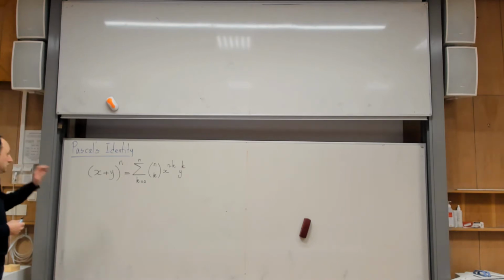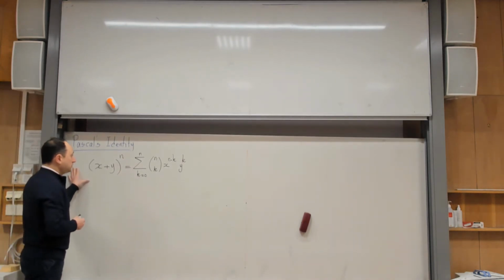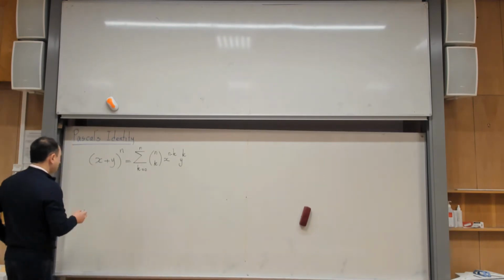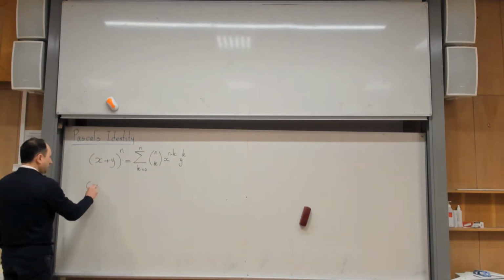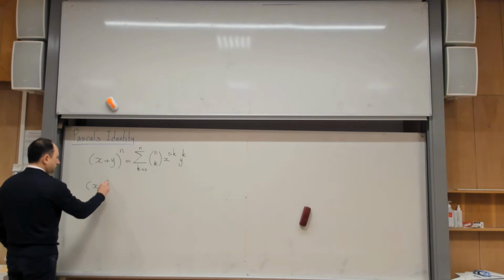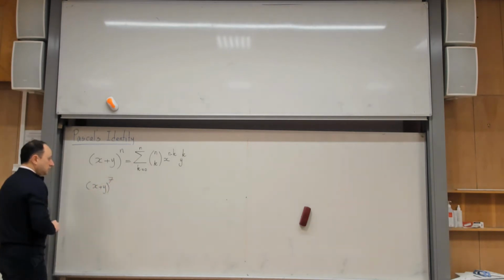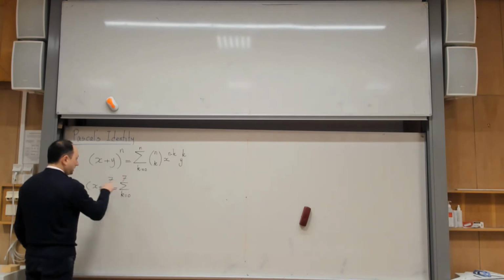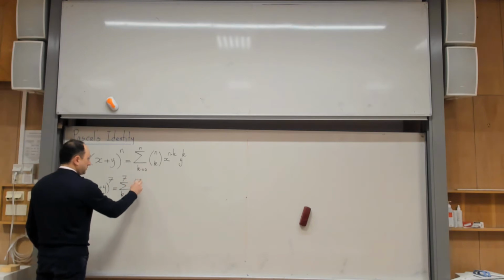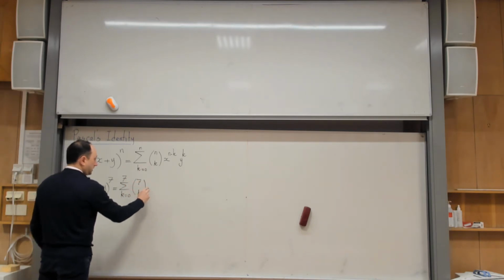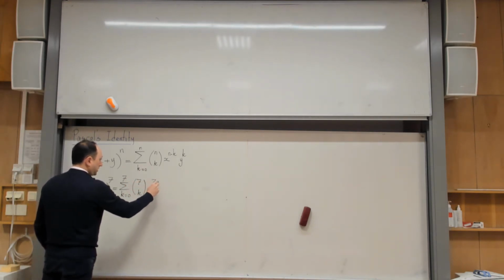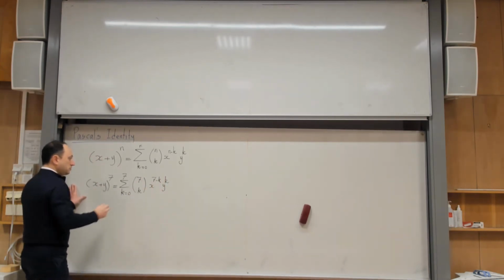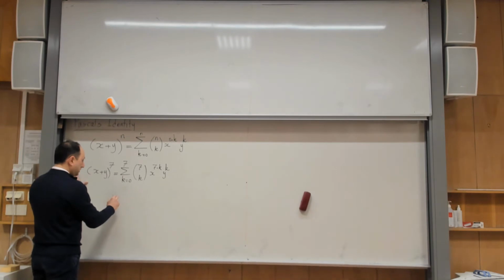For example, if I want to calculate (x + y) to the power of 7, I can write it as a sigma, k goes from 0 to 7, where n is 7 in this problem: 7 choose k, x to the power of 7 minus k, y to the power of k.